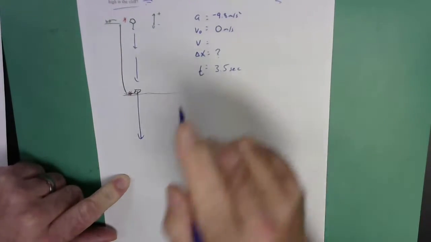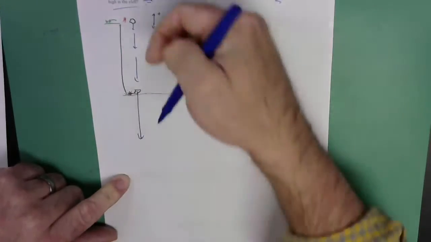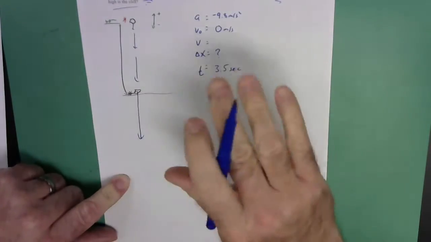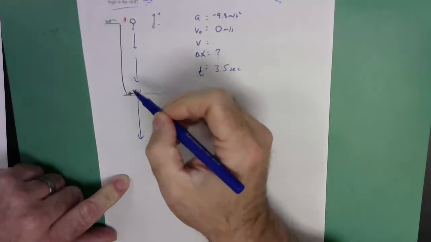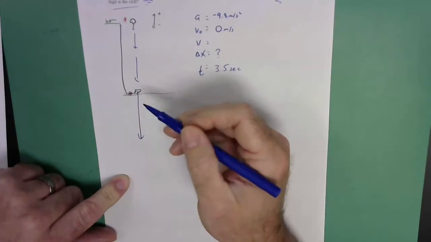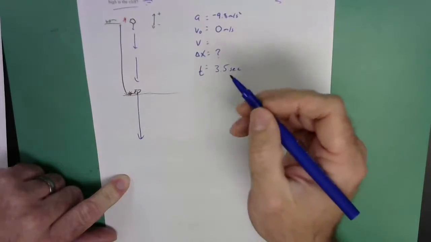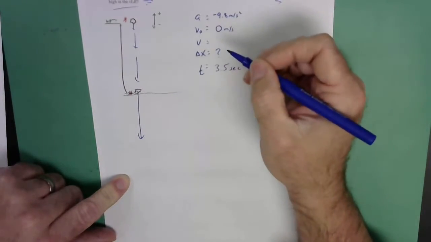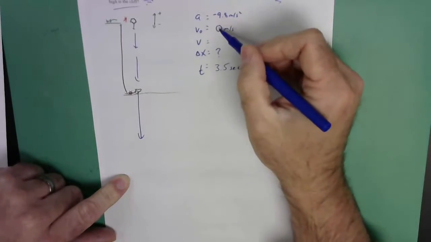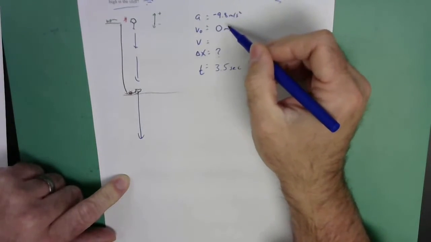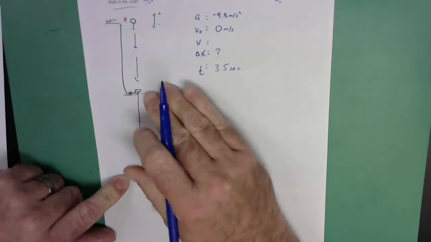In fact, it'd be an upward acceleration. Trying to slow down this thing that has a negative velocity, you've got to have a positive acceleration. We're not looking at that. We're just modeling this one motion. We have a mathematical model to describe it. So we don't know what that final velocity is. It is definitely not 0. It starts from 0 and we're subtracting 9.8 meters per second every second. It's going to be some big negative value.